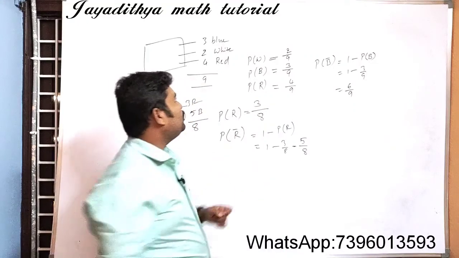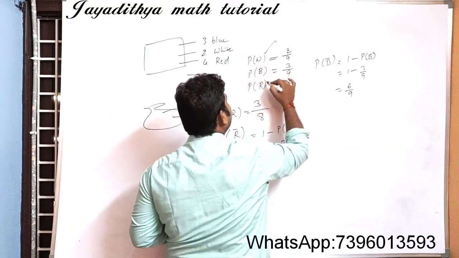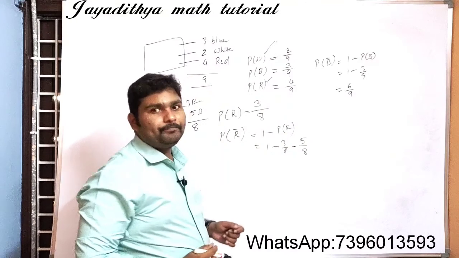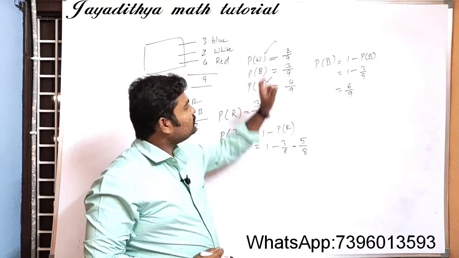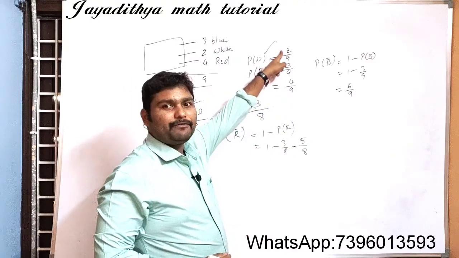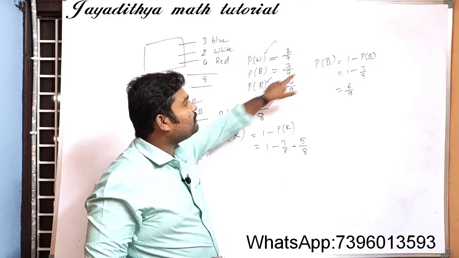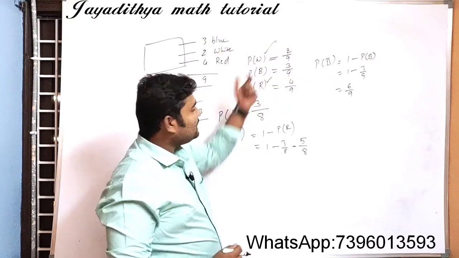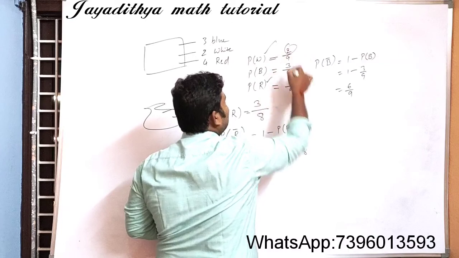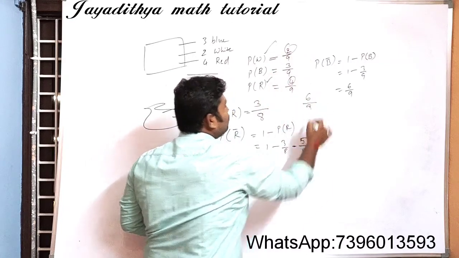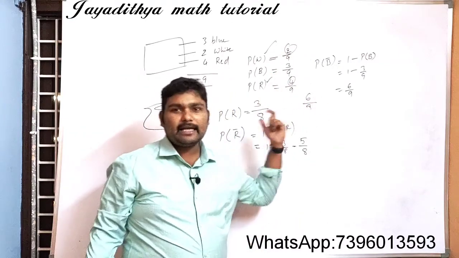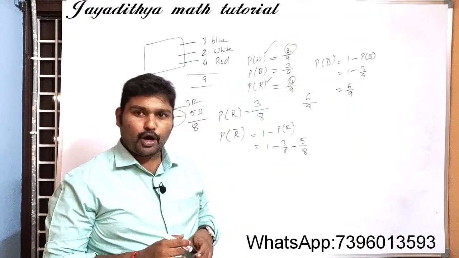Probability of not getting blue means you can get white and you can also get red, right, Nana? So in that case also, 2 white are favorable and 4 red are favorable for that condition. So total favorable are 2 plus 4, that is 6, and total outcomes we have 9. Like that also you can solve the problem.